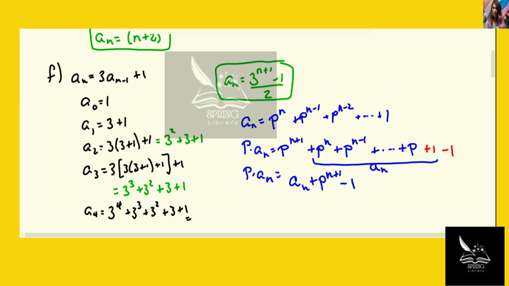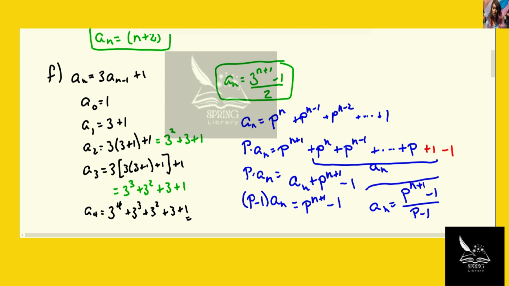Now I want to solve for a sub n. So I'm going to subtract a sub n from both sides. On the left-hand side, I have p minus 1 times a sub n if I factor that a sub n out. On the right-hand side, I have p to the n plus 1 minus 1. And now I'm going to divide. So a sub n equals p to the n plus 1 minus 1 over p minus 1.